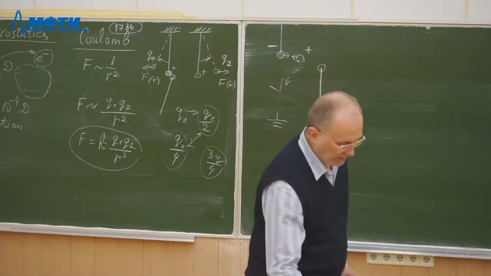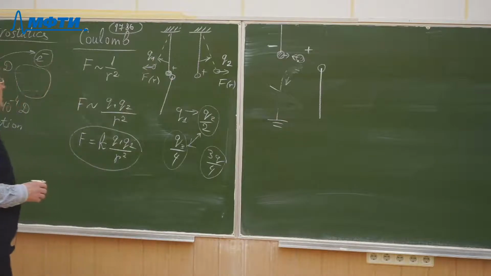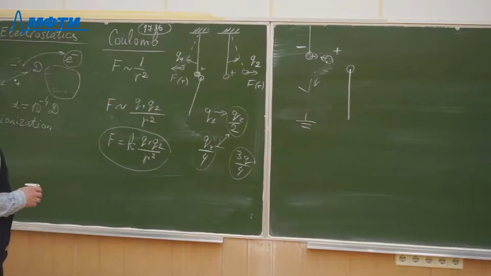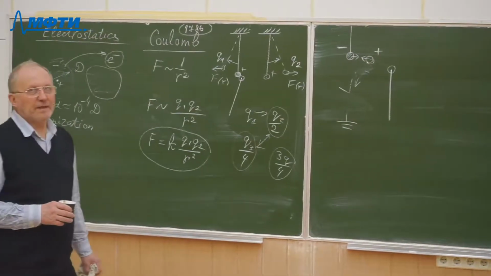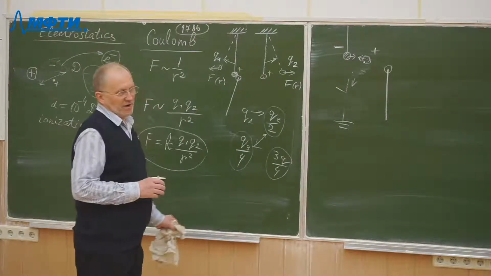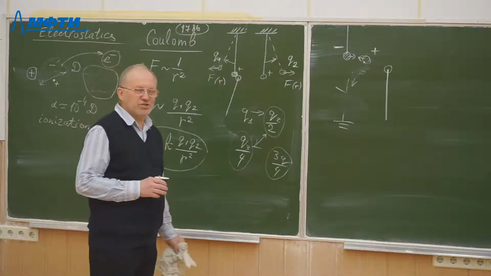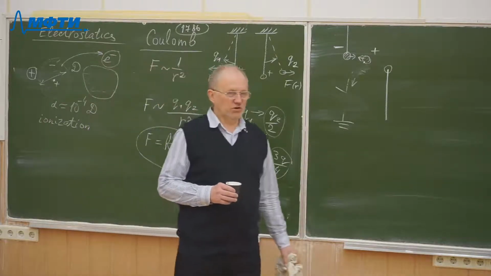So we have repeated the elementary things which you should know, and all this is very well described in your textbook by Landsberg, the first chapter in the second volume.